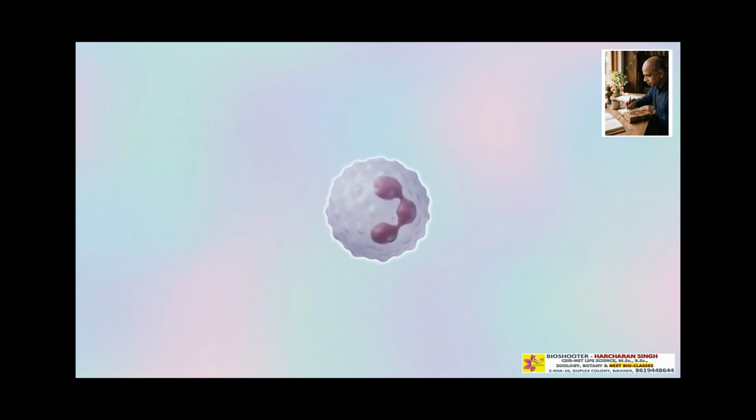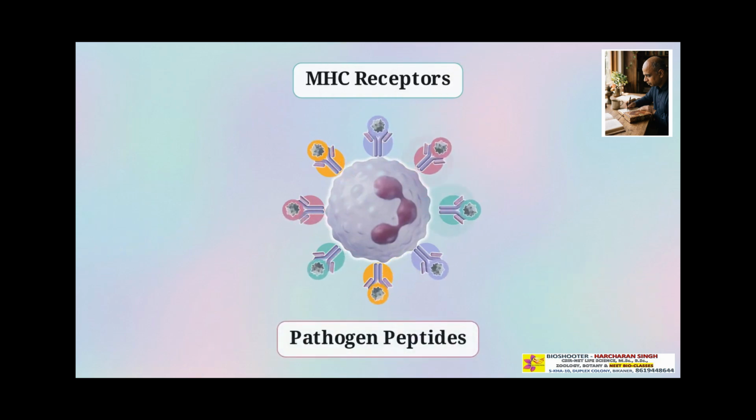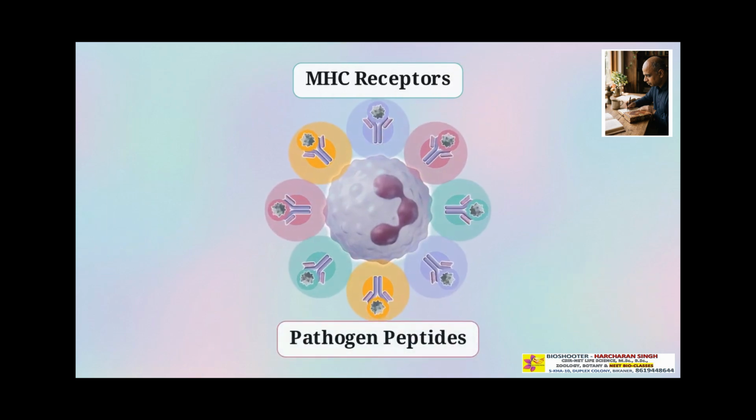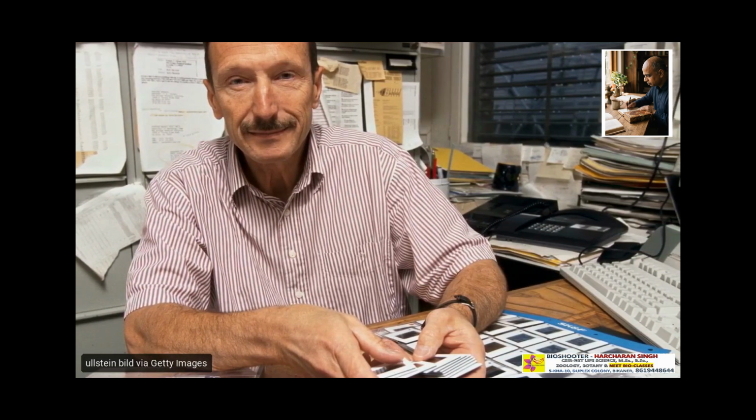This staggering polymorphism ensures the population can identify and present an incredibly diverse array of pathogen-derived peptides to the immune system. The precise immune surveillance mechanisms relying on this diversity were detailed by scientists including Rolf Zinkernagel, an achievement recognized by the Nobel Prize in 1996.